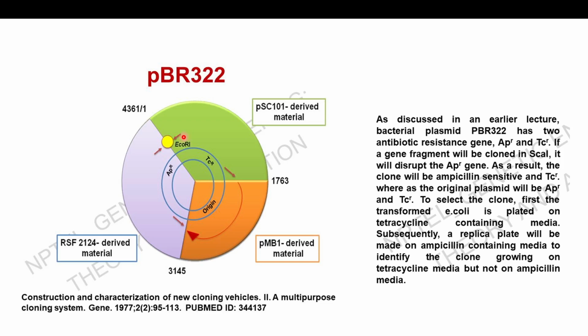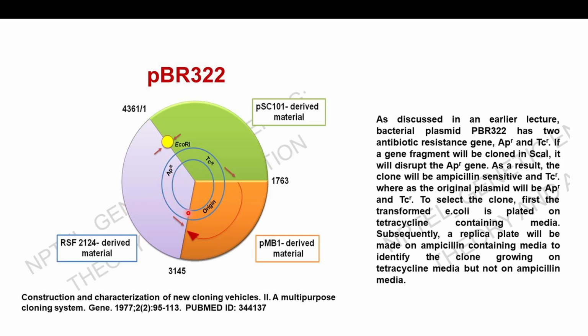So all the cells which have taken up this plasmid can grow on a tetracycline containing medium. Now, out of those, the ones that grow on ampicillin containing medium are the negative clones, because the gene that we wanted to insert here didn't get inserted, and that's why there's a functional ampicillin resistant gene.